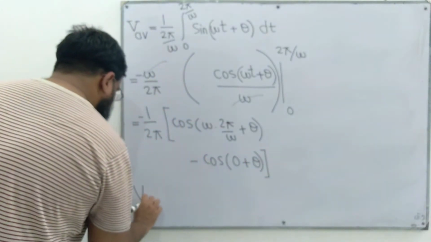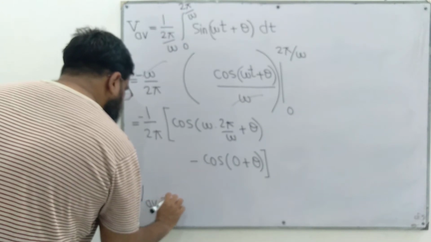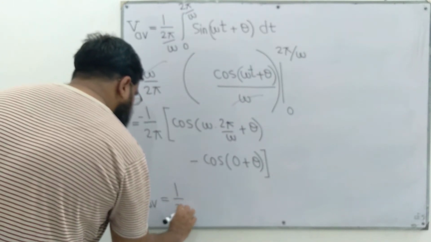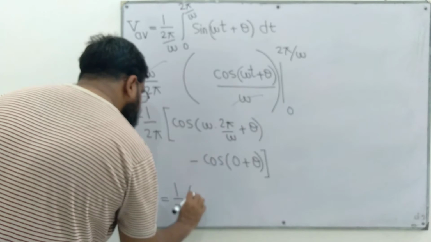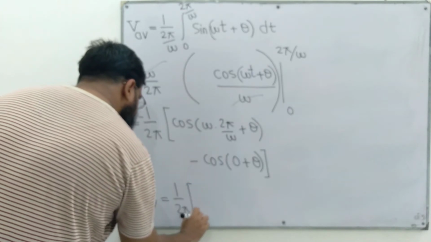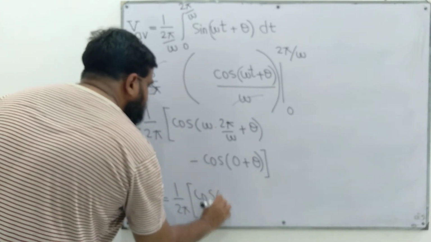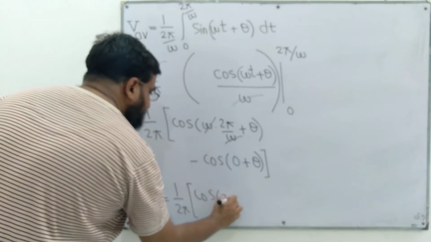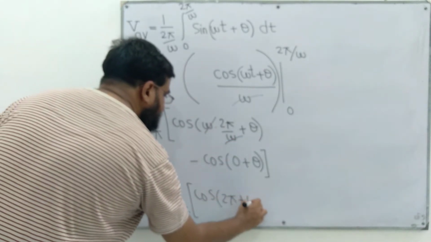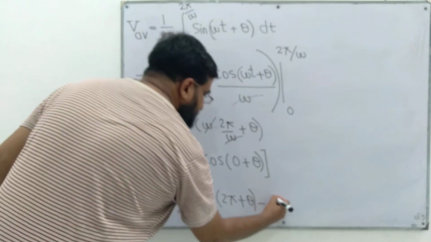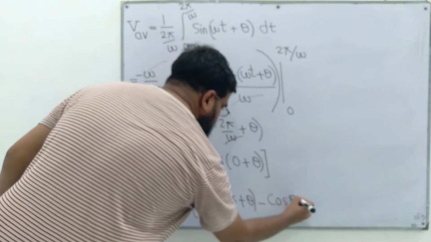So V average is 1 over 2 pi cos of 2 pi plus theta minus cos of theta.